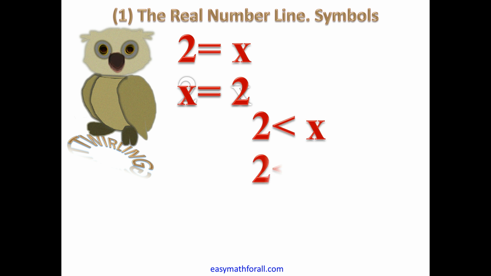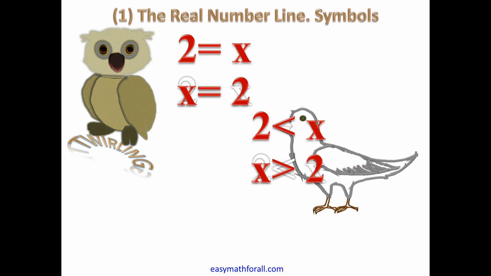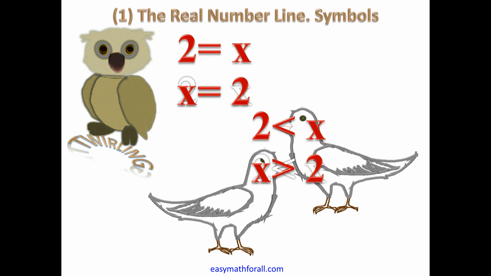Next example. 2 is less than x, or x is greater than 2. What does our expert tell us? That these two statements are equivalent. Both say that x is greater than 2.